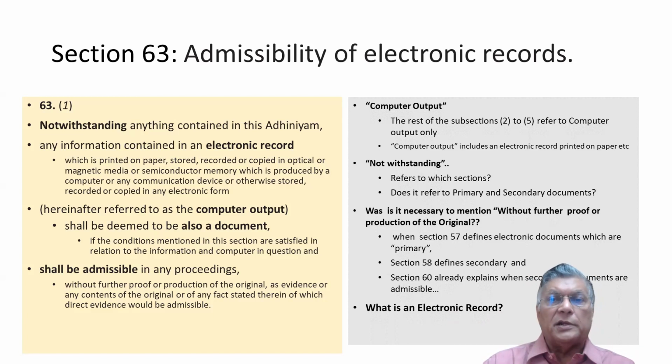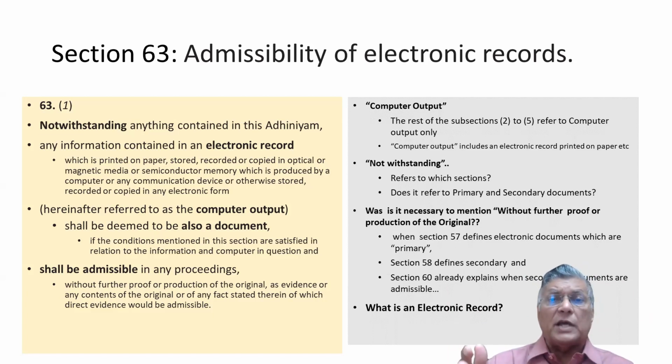Now here again, somebody was thinking that, computer and communication device, why should we simply assume it, we will specify it. So they said that computer or any communication device or otherwise stored, recorded, copied in electronic form. See, ITA 2000 had a unique feature where it defined the whole Act on the basis of electronic documents, or documents in electronic form.